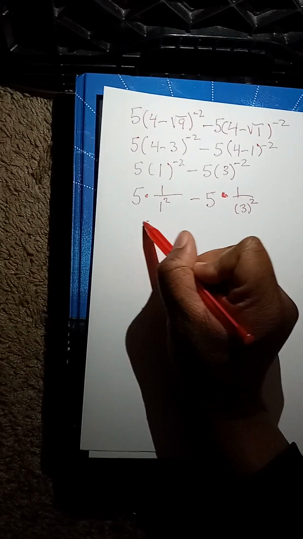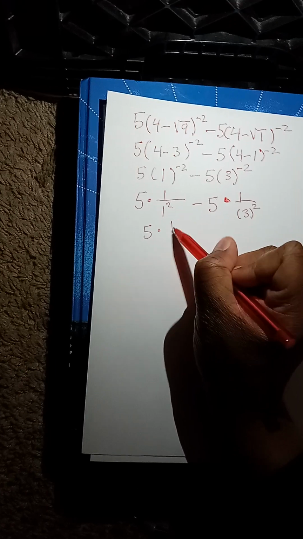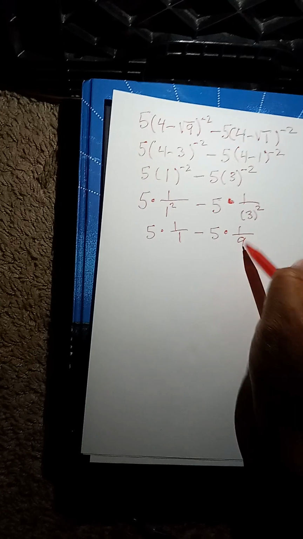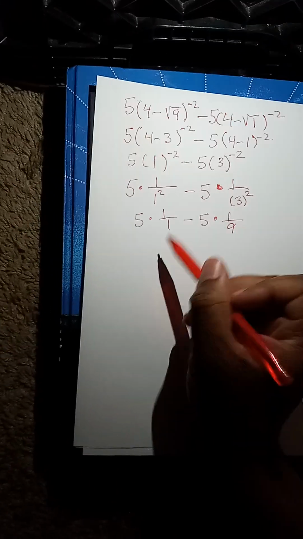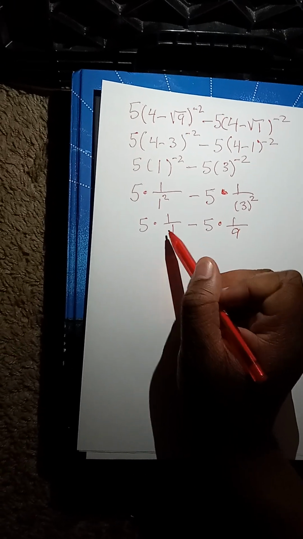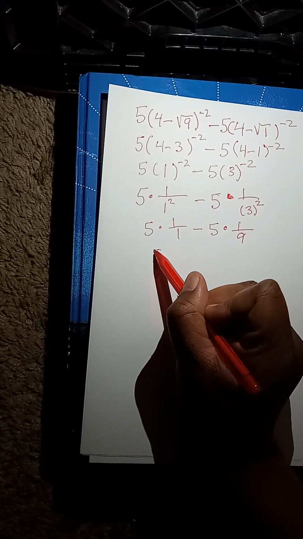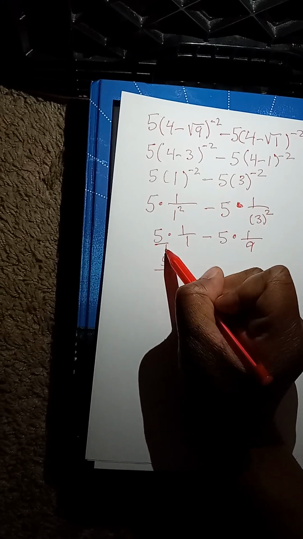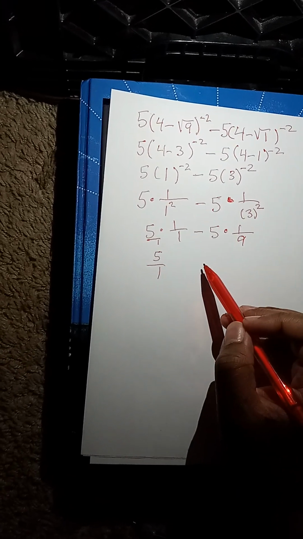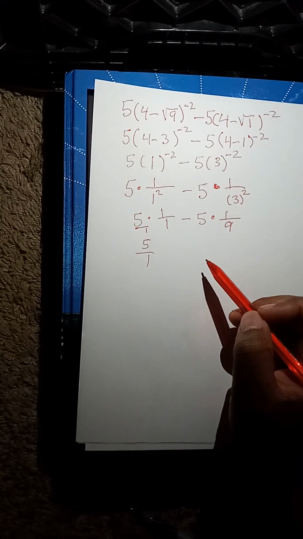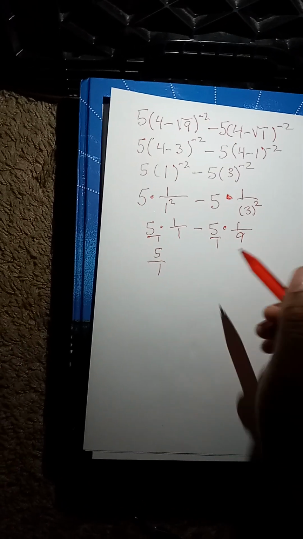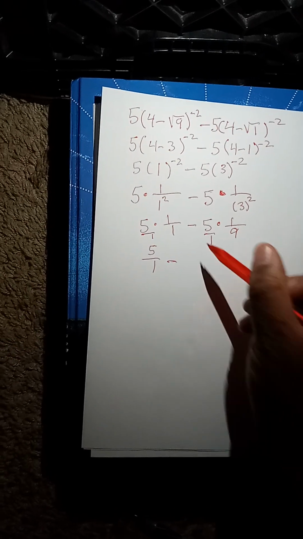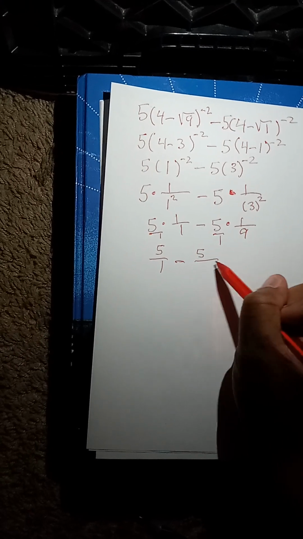So that will be 5 times 1 over 1 minus 5 times 1 over 9, because 3 squared is 9. So this will be 5 times 1 divided by 1 is 5 over 1, because we want to make 5 a fraction. And make this 5 a fraction as well. So 5 times 1 is 5, and 1 times 9 is 9.